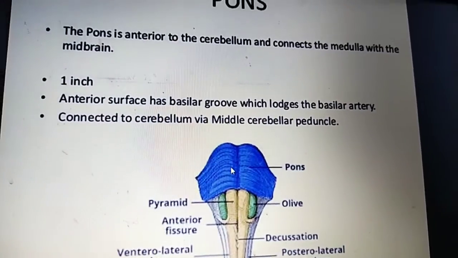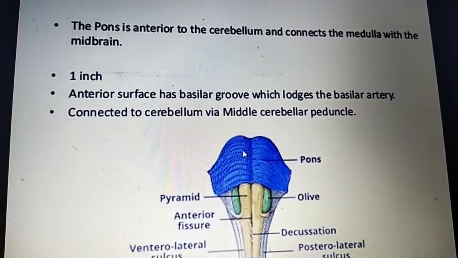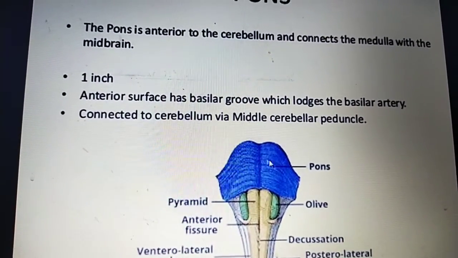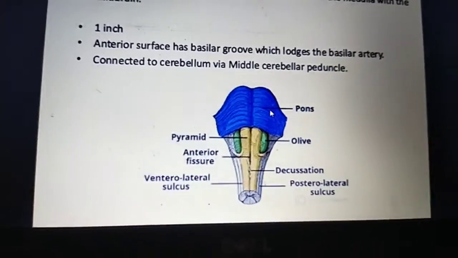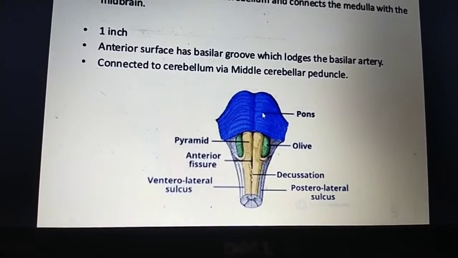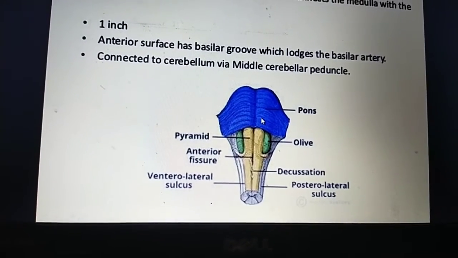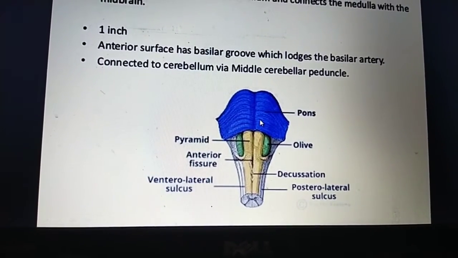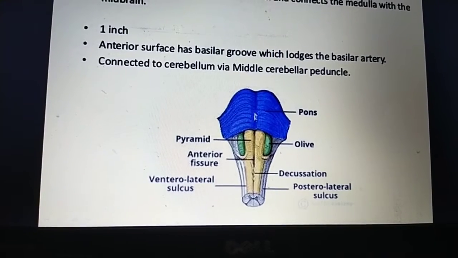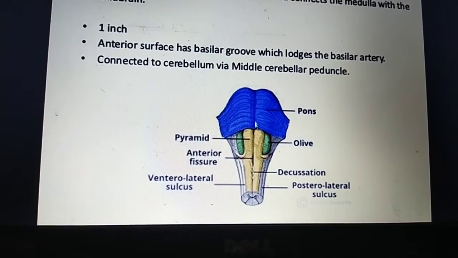The pons is anterior to the cerebellum and connects the medulla oblongata with the midbrain. It is 1 inch in length. The anterior surface has a basilar groove which lodges the basilar artery. Here you can see the groove.